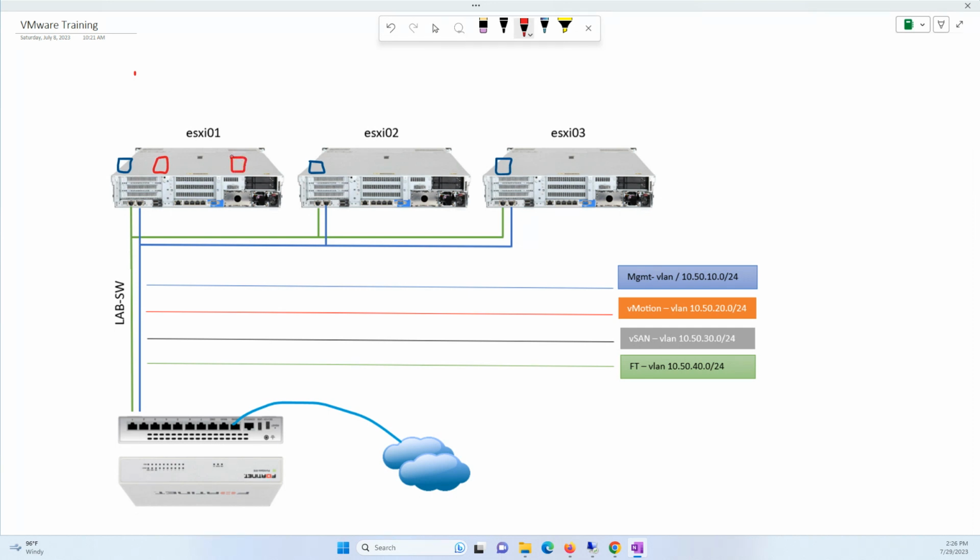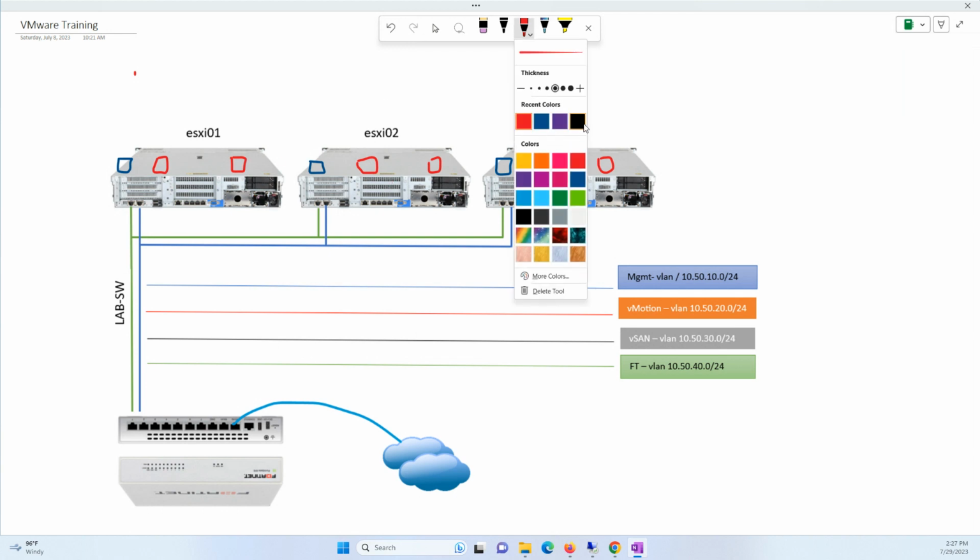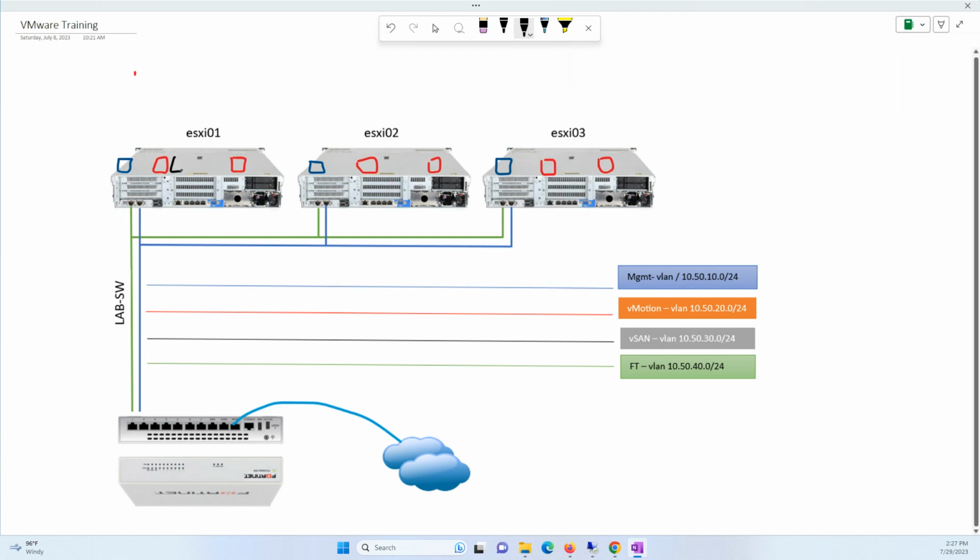Each disk group will need a cache tier and a capacity disk. So we create 2 disk groups, we have 2 disks on each ESXi, and we create a capacity for each disk group.